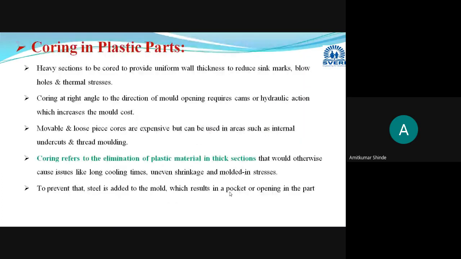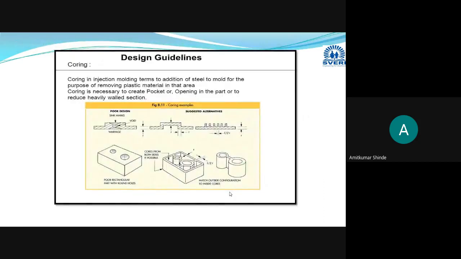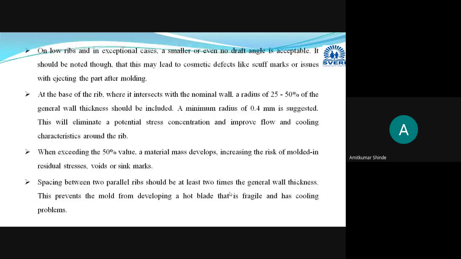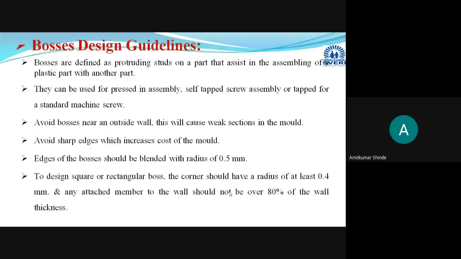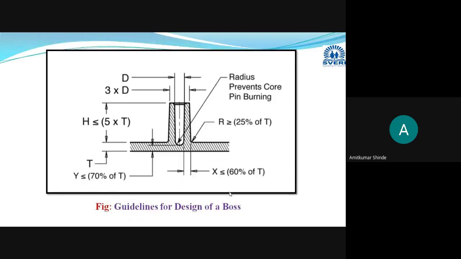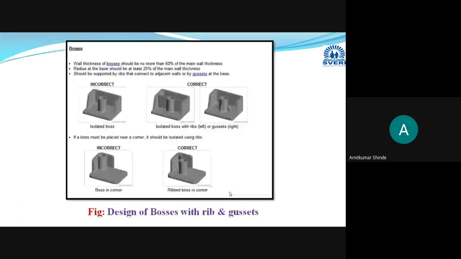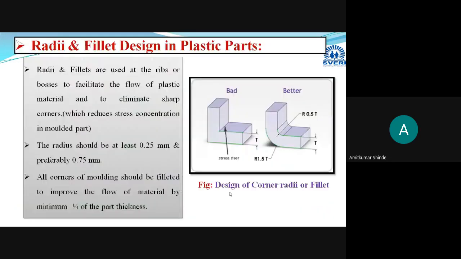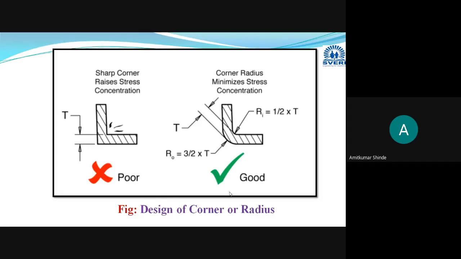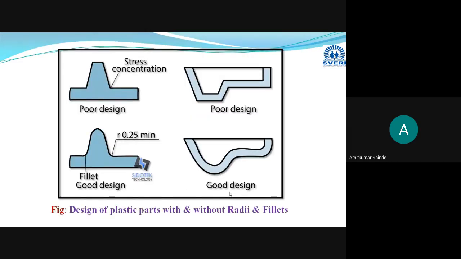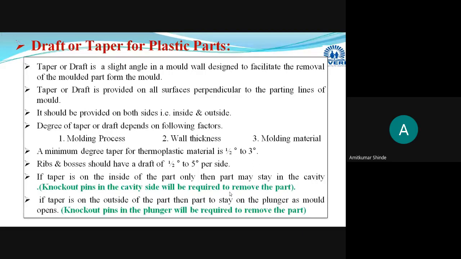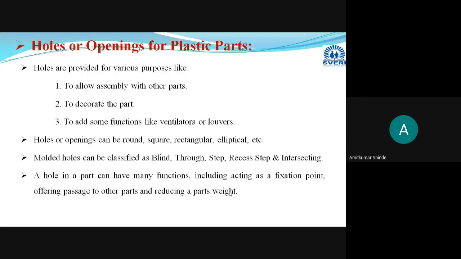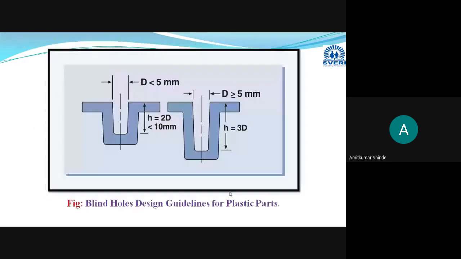Okay, then we have studied the coring in the plastic parts. Design of the coring, design of the ribs, and design of bosses, and design of the cassettes, and design of radius, fillets, or corners, how to modify the design, then draft or taper, and holes or openings in the plastic parts, different types of holes and their design guidelines.